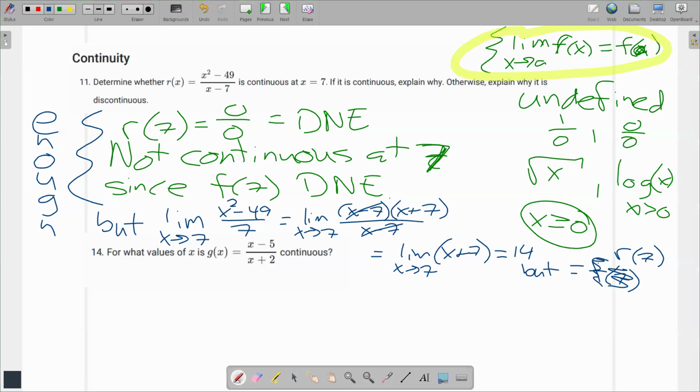It can be -2, or this is -0. That's a great place to start, yeah. So right away I could say, if x equals -2, then g of -2 is going to be -7/0, which does not exist. And that's the only value that makes the denominator 0.